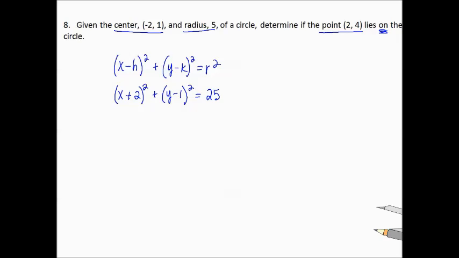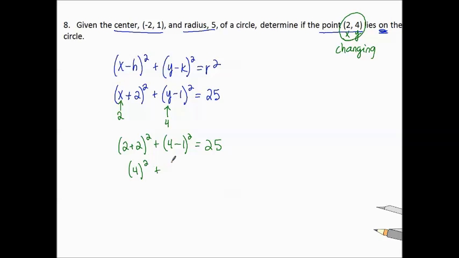So if we're to determine if this point lies on the circle, remember these are the points that are changing, the points on the circle. So we're going to plug these into our x and y in the equation and see if it works. We put the 2 in for the x and the 4 in for the y. 2 plus 2 squared, 4 minus 1 squared. 2 plus 2 is 4, 4 minus 1 is 3, 4 squared is 16, 3 squared is 9, and look at that, we do get 25.